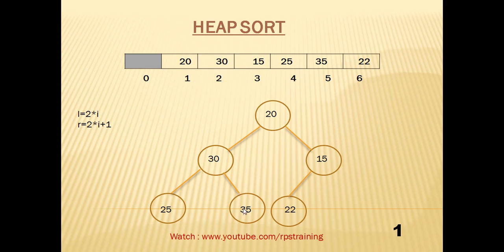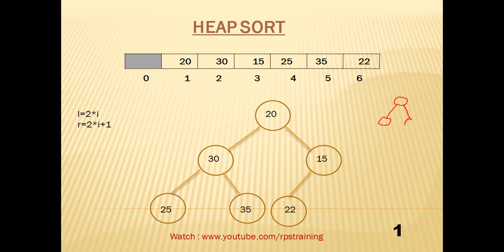Firstly we will create a binary tree, a complete binary tree. The concept of a complete binary tree is, suppose you are inserting the first node, that node will become the root node. The next node will become the left child of this node. Without inserting the left child, you can't insert the right child of this node.